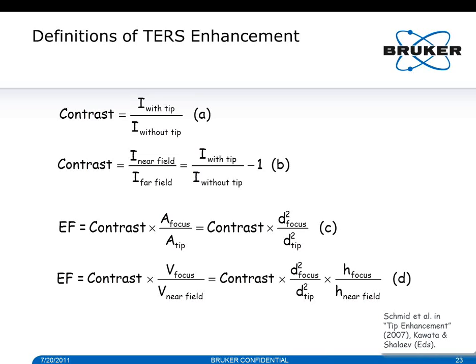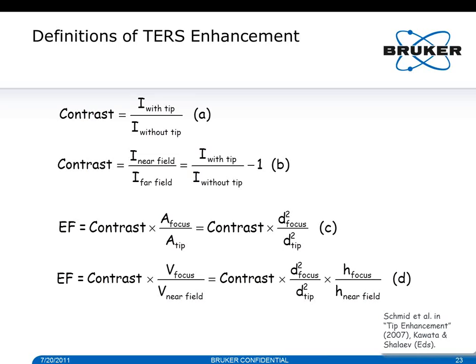Basically, the simplest way is to define something like contrast. You basically have an intensity with tip, and you have intensity without tip, and you divide these two, and you get a contrast factor. And it's typically somewhere between 5, 25, 30, in that range. Because the physical meaning of that is, there's really no physical meaning to it, because you do not take into account any geometrical effects.